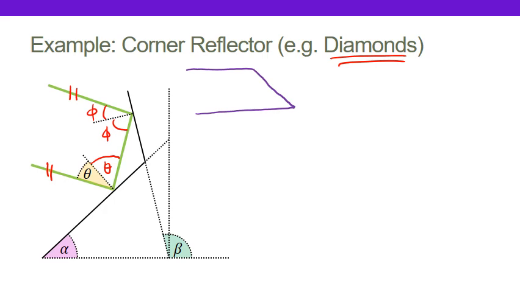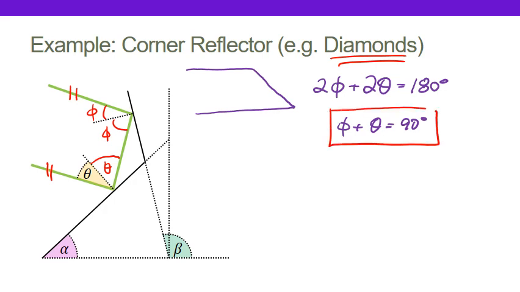We know that 2 phi plus 2 theta must equal 180 degrees, or if you divide the whole thing by 2, phi plus theta has to equal 90. In other words, these two angles that I've defined for my reflection have to be complementary angles. Okay, that's the first thing we know.